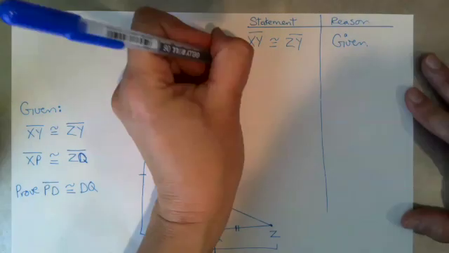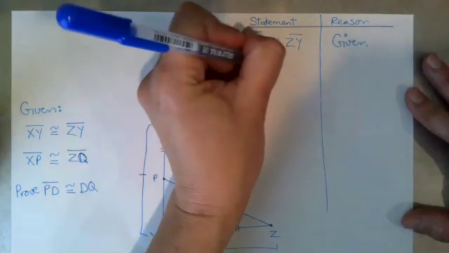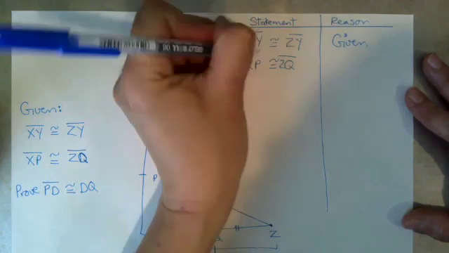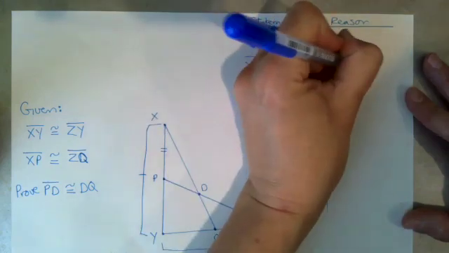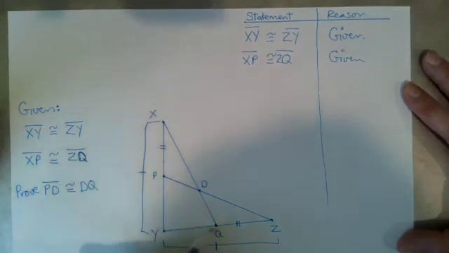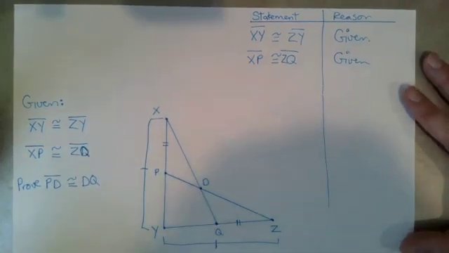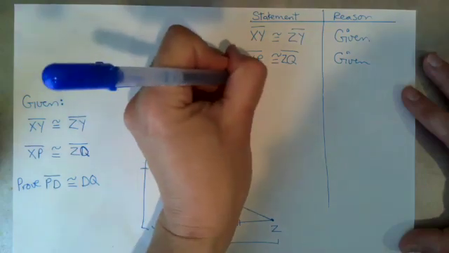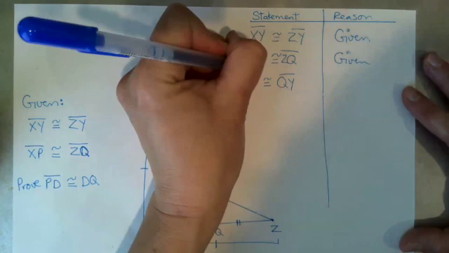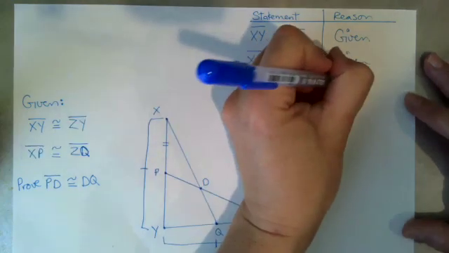And then we've got our XP is congruent to ZQ, and that one was also a given. And then we took those two right then and we went ahead and figured out that PY is congruent to QY, and we knew that from subtraction.